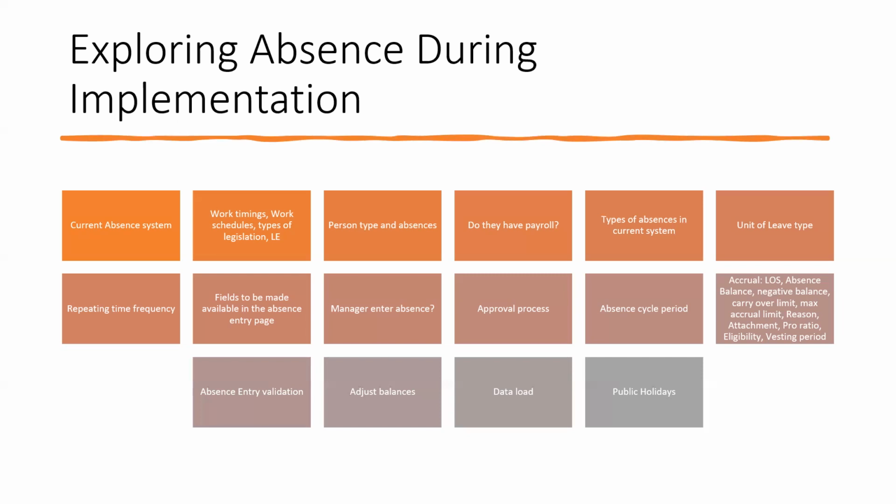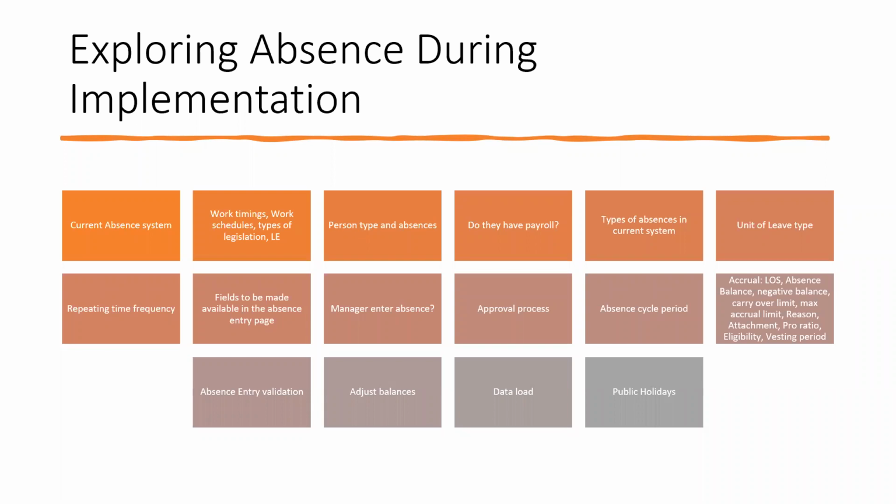If it is one legislation, does it have different legal entities? And the absence that I'm going to implement, is it the same for different legislations? If they have different legal entities, are the rules the same for different legal entities? Those are the questions that we need to check with them at the earlier stage.